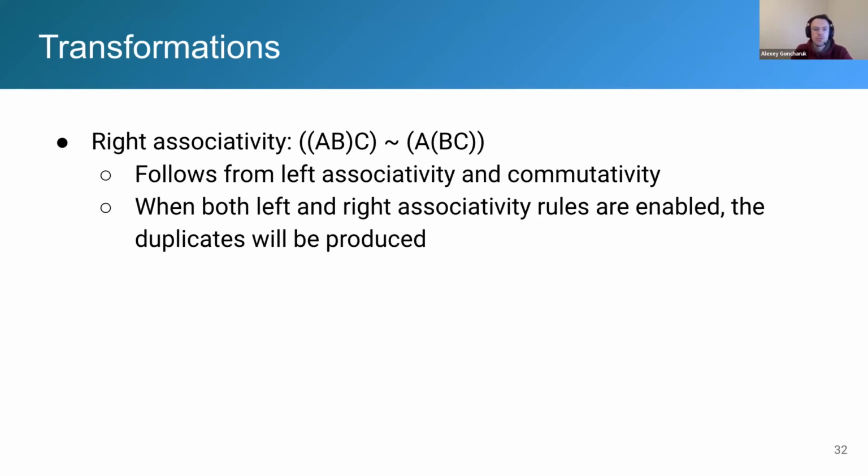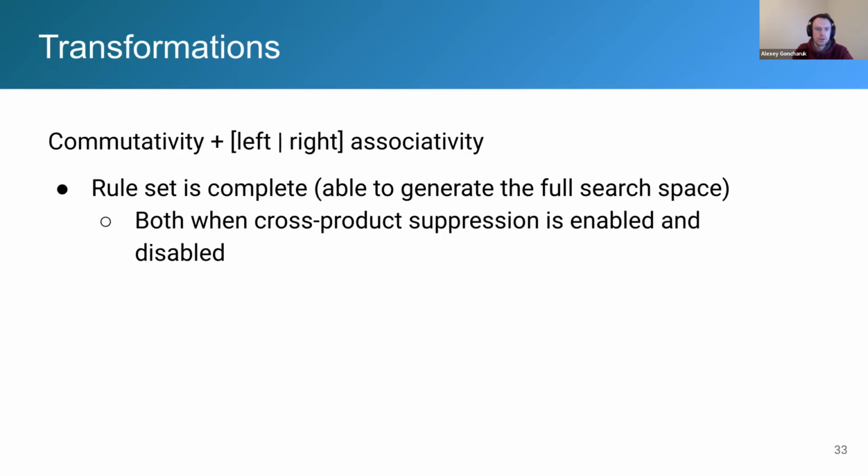So if you have these three transformations plugged into your transformation-based optimizer, you will already be producing some duplicates, which are eventually deduplicated by MEMO. From the theoretical standpoint, it is sufficient to have only commutativity and left-to-right associativity.